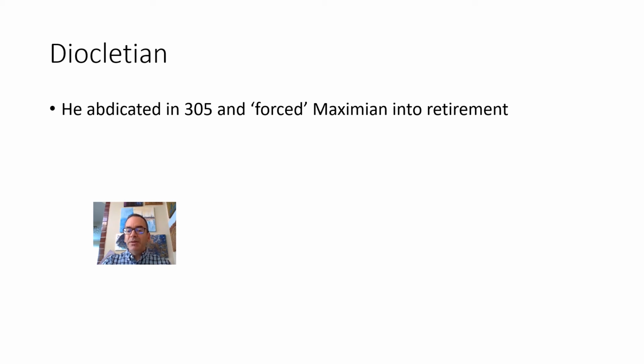But he retired to his palace, and he also forced Maximian into retirement, and then that caused the two Caesars to rise up and to be the emperor. So Diocletian wanted a clean start for the next group of people. And really what this ended up doing is allowing the Roman Empire to continue until the middle end of the 4th century. So about another 100 years before the Roman Empire, at least in the West, starts to fall apart.